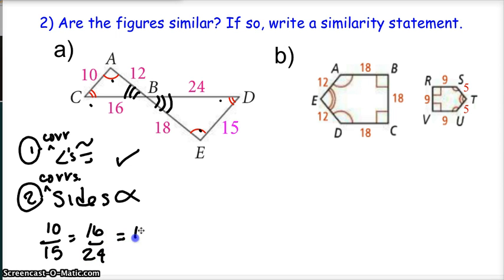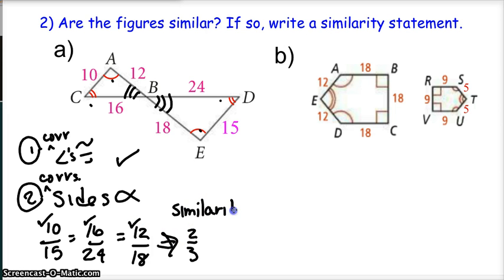And lastly, we have 12 to 18. All three of these fractions reduce to 2/3. This equals 2/3, this equals 2/3, and this one equals 2/3. So this is a similarity ratio. Because it has a number that all of these reduce to, that means that the corresponding sides are proportional.